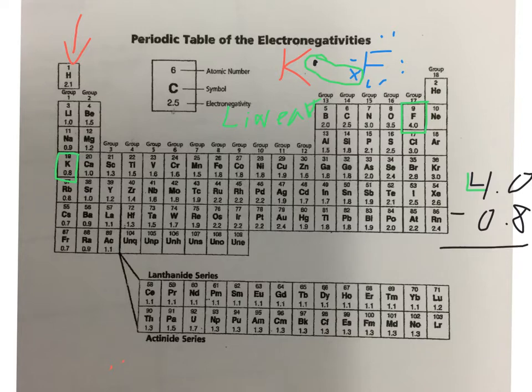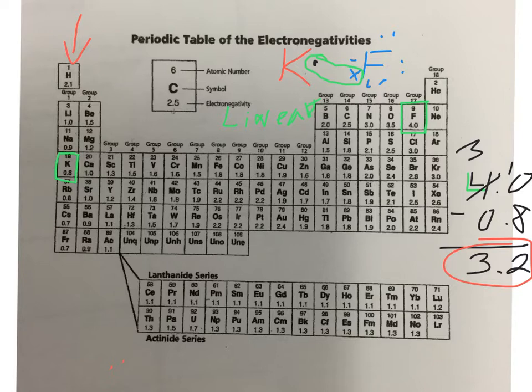Okay. So when you subtract, what's going to be my answer there? What's my electronegativity? Yep, it's going to be 3.2. So now, is this polar or is it non-polar? Polar. Non-polar means they're equal. It's polar because they're not equal, right?